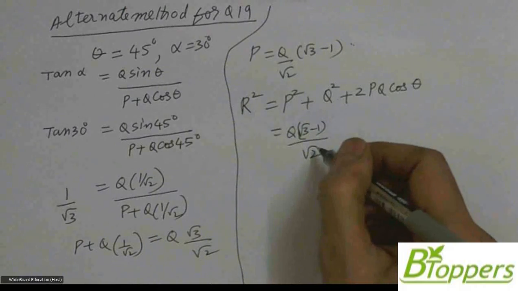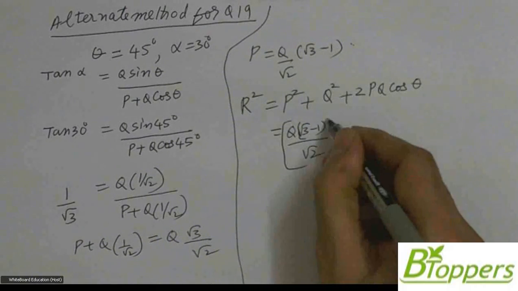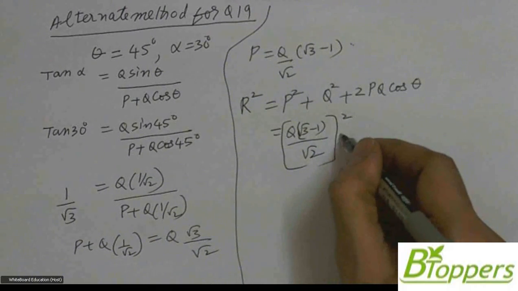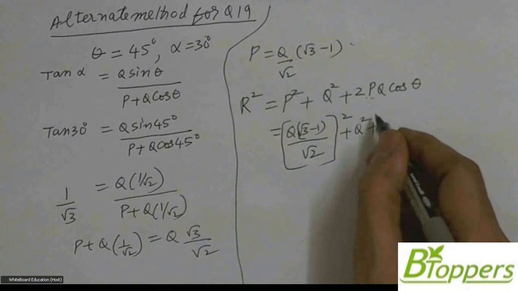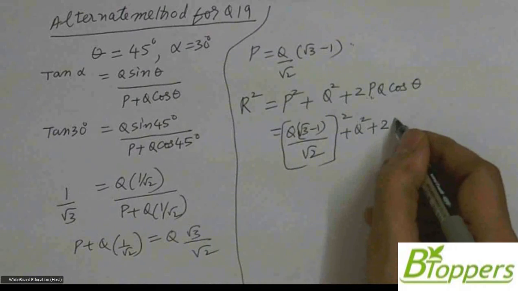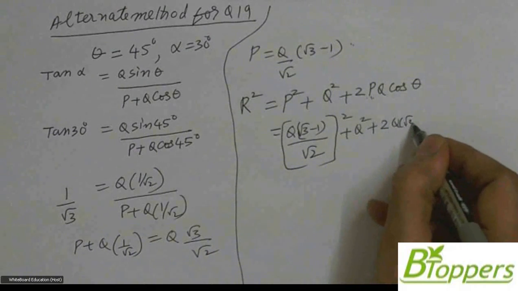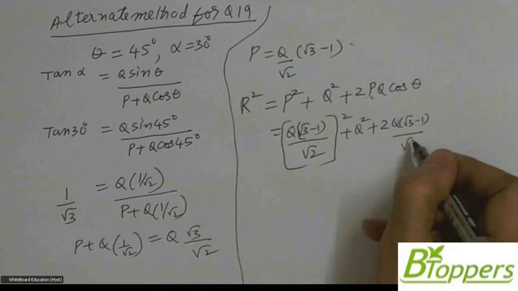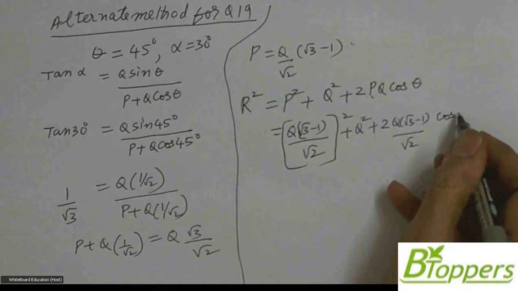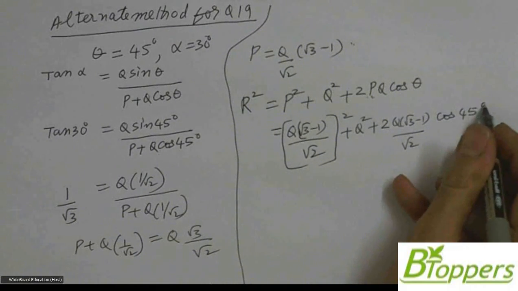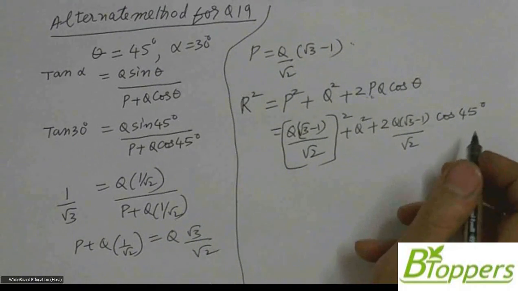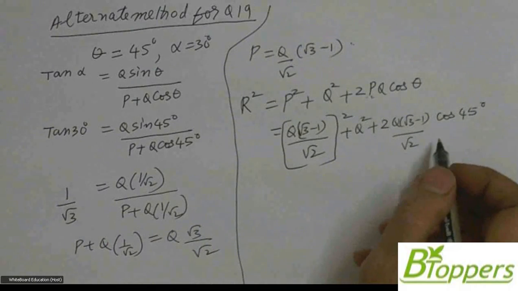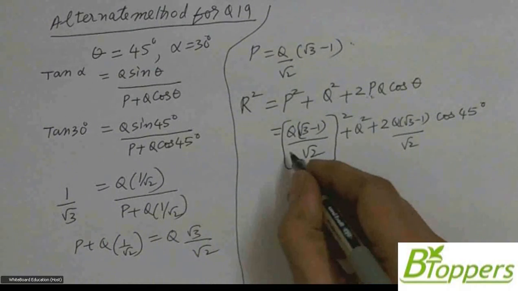That is this value on the right hand side. Plus Q. Again, here also you can substitute the value of P equal to Q into (root 3 minus 1) by root 2, and theta equal to 45 degrees. And you have to of course substitute the value of cos 45 degrees equal to 1 by root 2.